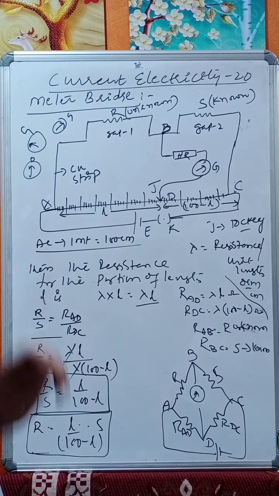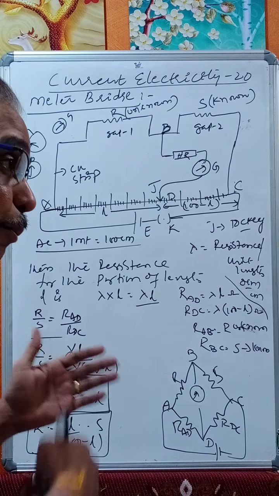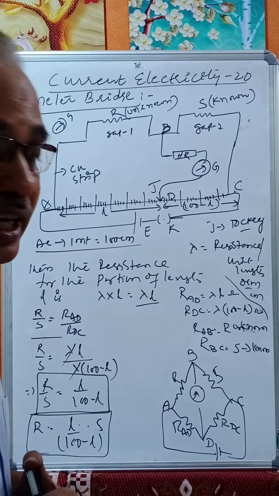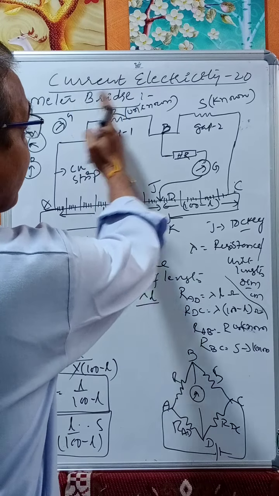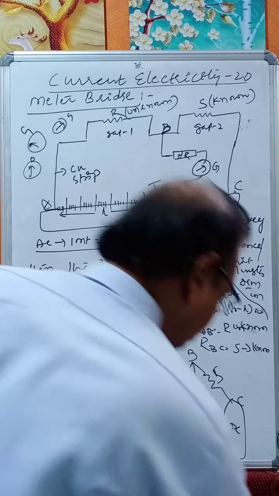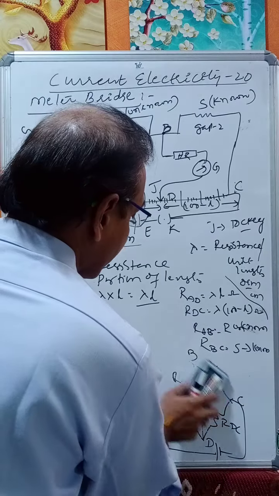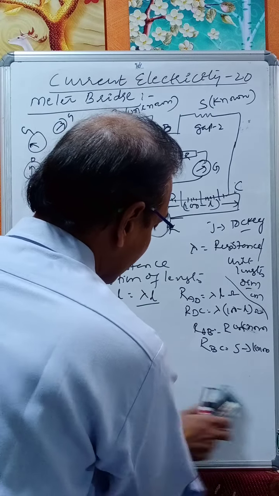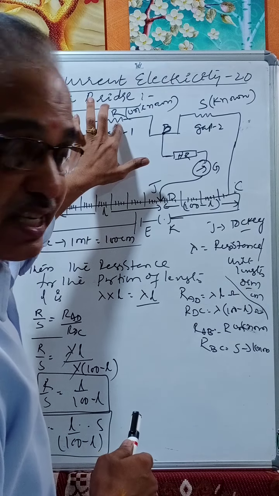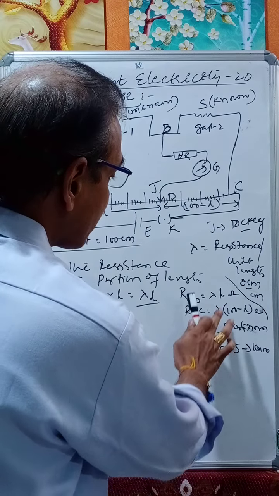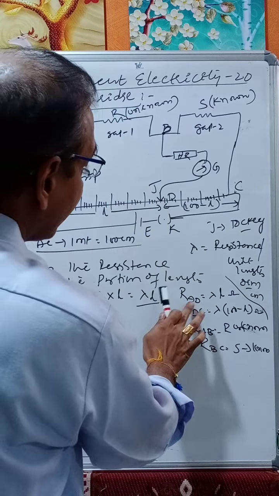Now it is used to calculate small resistances and also to compare resistances. Now, a very important point: if the resistance in the left gap increases, what happens? As R is proportional to L, RAD is lambda into L, this is the left gap.